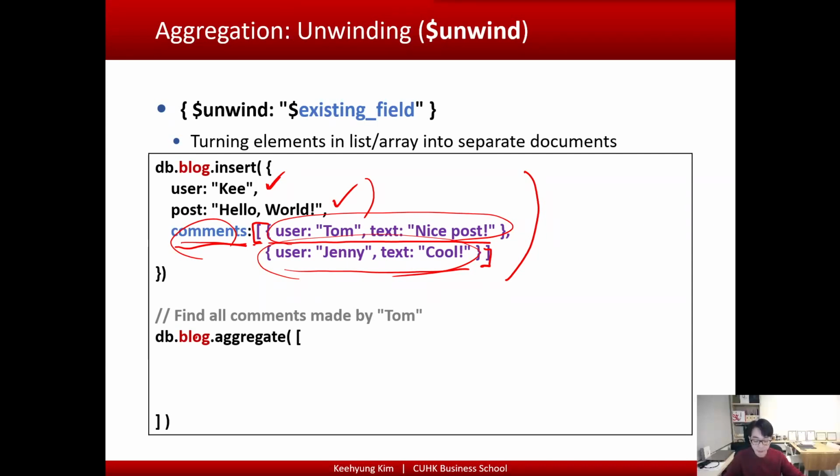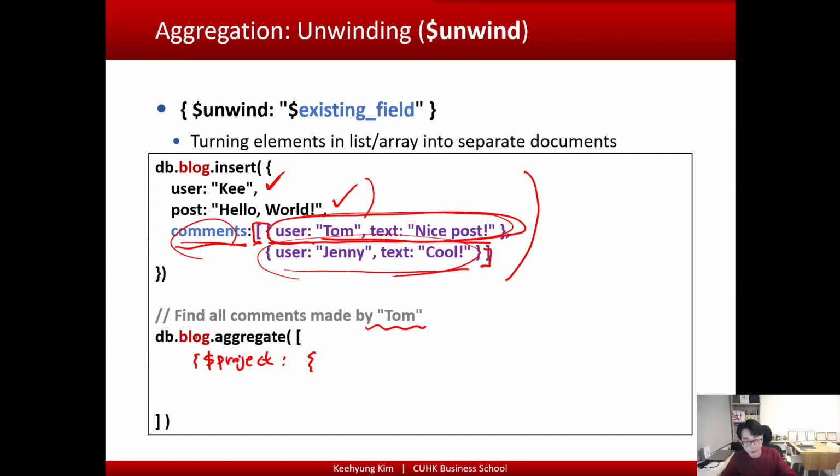So in this case, if we want to find all comments made by Tom, so we want to find this comment, then we can design this aggregate function. On the blog collection, we use the aggregate function, and the first operation we can do is selecting only the comments part. So we can use the project operator, and we are not interested in other parts in this document.